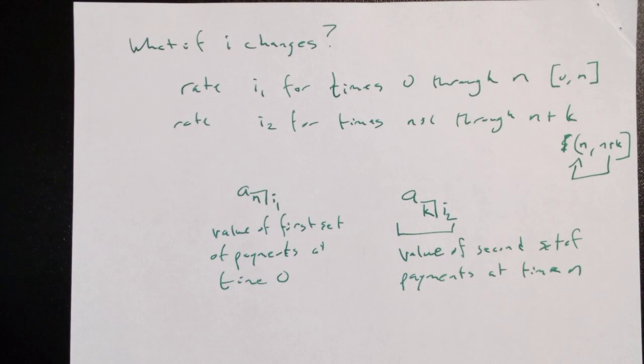How many numbers did you count? Count from 0 to 5. How many numbers are you going to count? 0, 1, 2, 3, 4, 5. That's 6 numbers. I'm counting from 0 to n inclusively, so I'm going to count n plus 1, right? Deferring by n plus 1 means multiplying by v to the n.